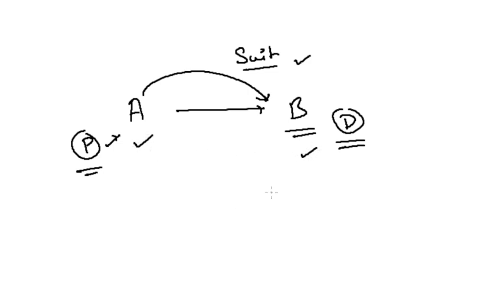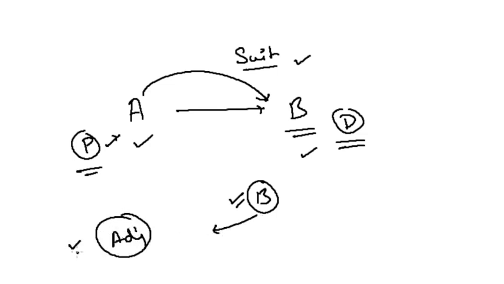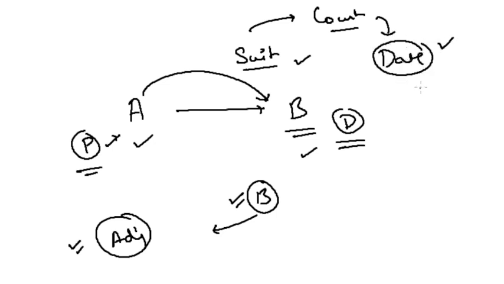So A has filed a suit against B. Now let us consider in the example that B wants to file an application for adjournment. Let's say A files a civil suit in a court, the court has fixed a date for hearing, and on that day B cannot attend the court.